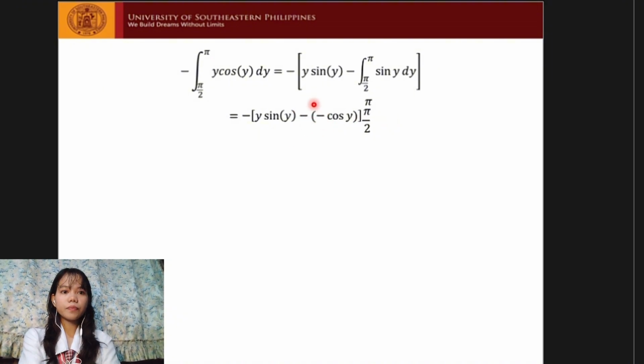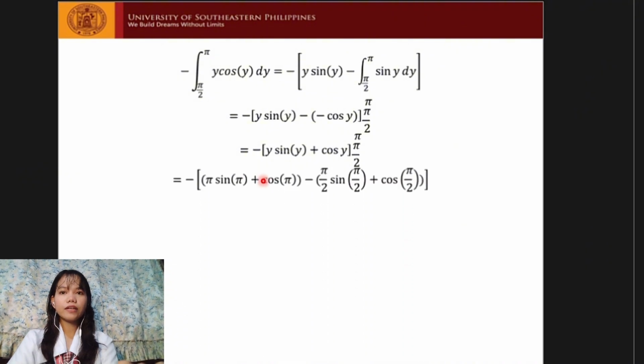We can simplify this: negative multiplied by negative is positive. So, we have now the negative of y sine y plus the cosine of y ranging from pi over 2 until pi. So, we will evaluate our integral with respect to y.